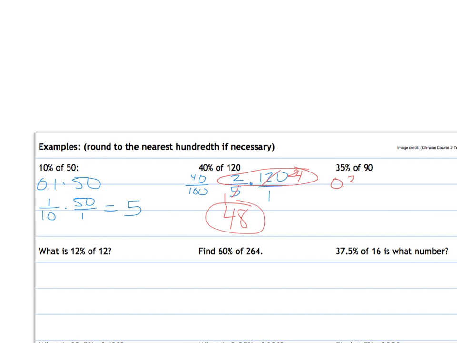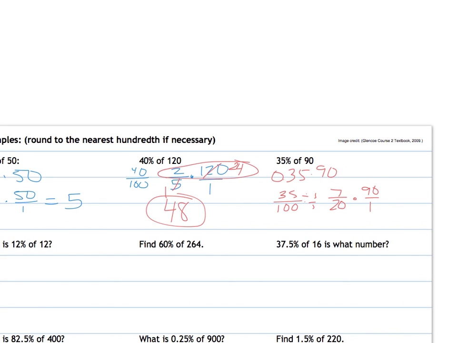35% again, I could either use the decimal or a fraction, 35 out of 100, which simplified, 5 goes into both. That's the same as 7/20ths of 90. So 10 goes in here 2 times, 10 goes in here 9 times.